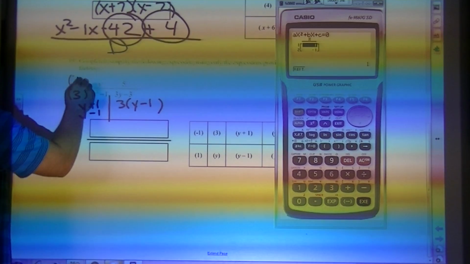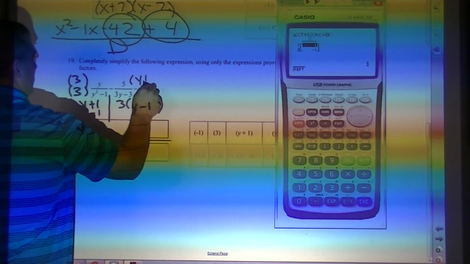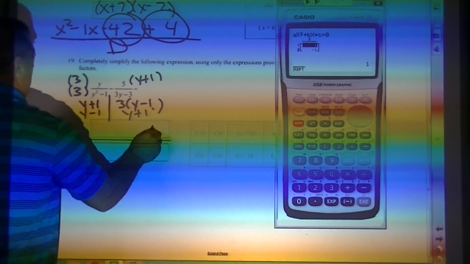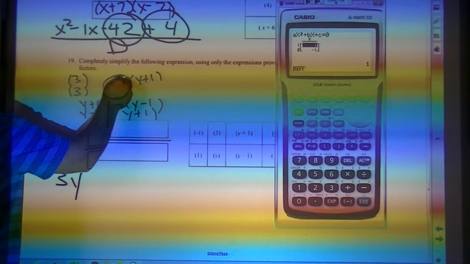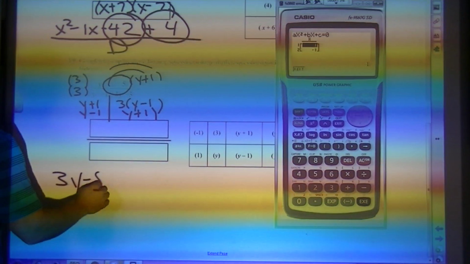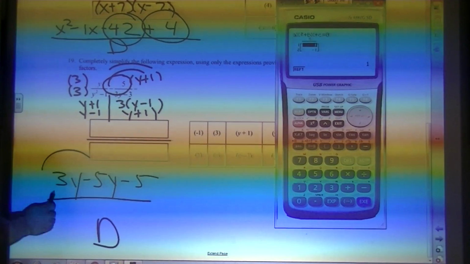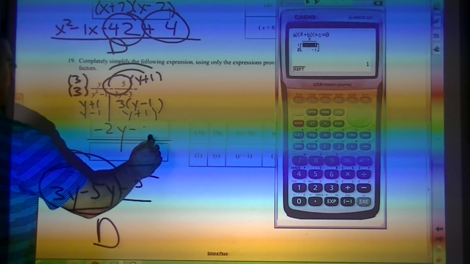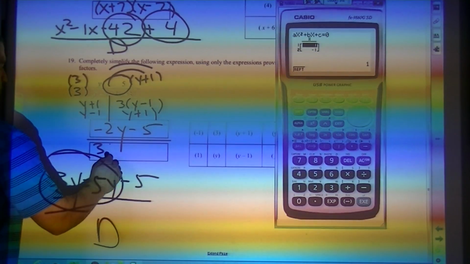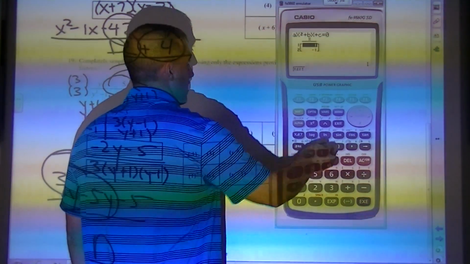So I'm going to multiply top and bottom by 3. Now, this side's missing a y plus 1. So I'm going to multiply top and bottom. Now, 3 times y is 3y. I treat this like a negative 5, so that's negative 5y minus 5 over my common denominator. What ends up combining is that. So what I got is negative 2y minus 5 over 3, y plus 1, and y minus 1. I think that's it.